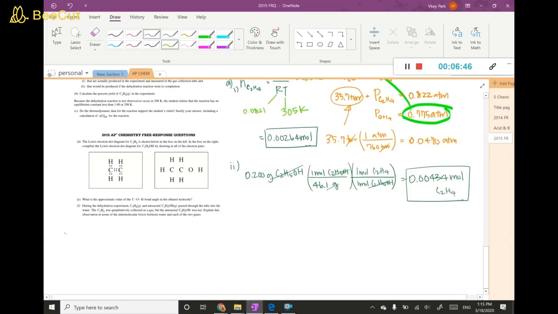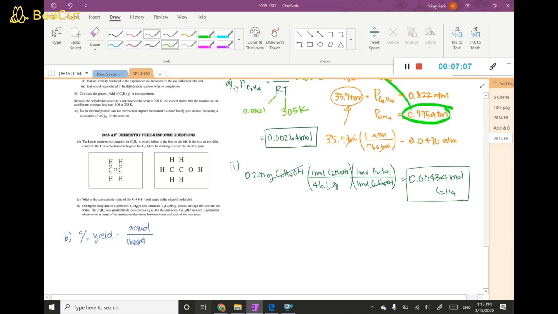All right, let's continue to B. So B says calculate the percent yield of C2H4. If you remember percent yield, it's always the percentage of how much you got out of what you were supposed to get out of, right? So what was the actual product that you collected versus the theoretical?